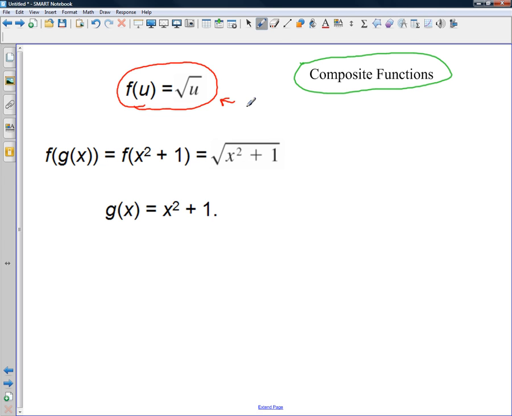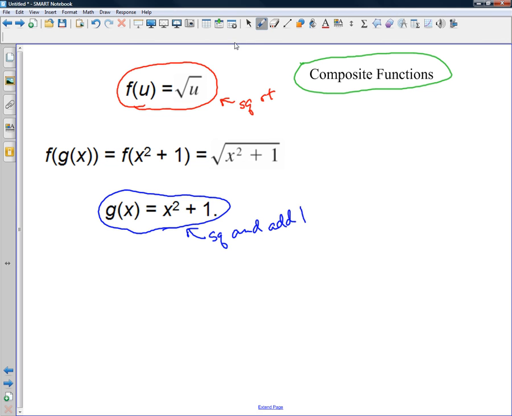Whatever is in for u, I take the square root of it. Let's consider another function. Let's call it the g function. And the g function is, I take a number, square it, and add 1. So square and add 1.